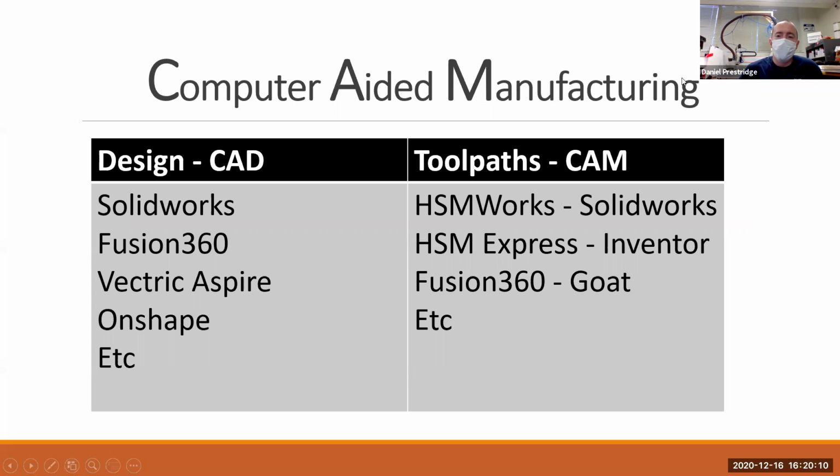So with the CAM packages, I generally like to recommend HSM Works because we use SolidWorks here, and I find it a lot easier to run through the CAM process with HSM Works compared to even the built-in CAM because of how user-friendly everything is.